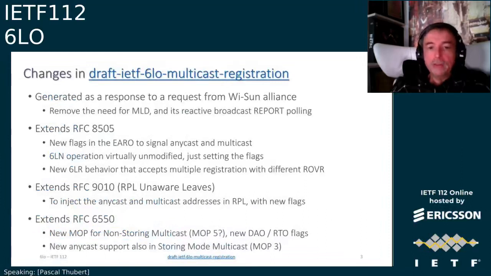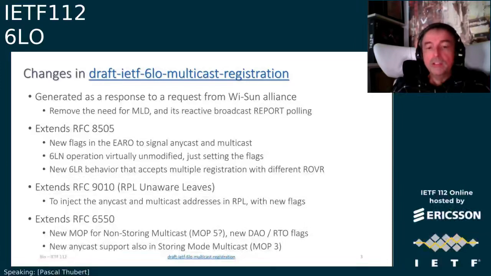This is the draft IETF 6lo multicast registration, where we enable 8505 for not only unicast IPv6 addresses, but now anycast and multicast addresses as well. If you consider the position of an IoT device, an LLN device, a 6LN, being able to register that it is a listener for a multicast address saves the need to implement MLD.